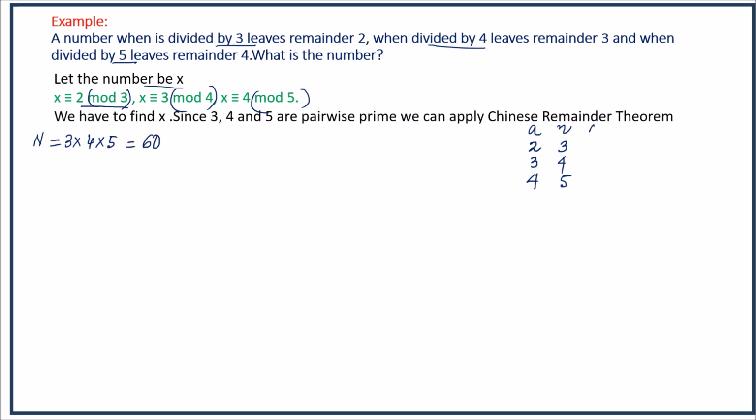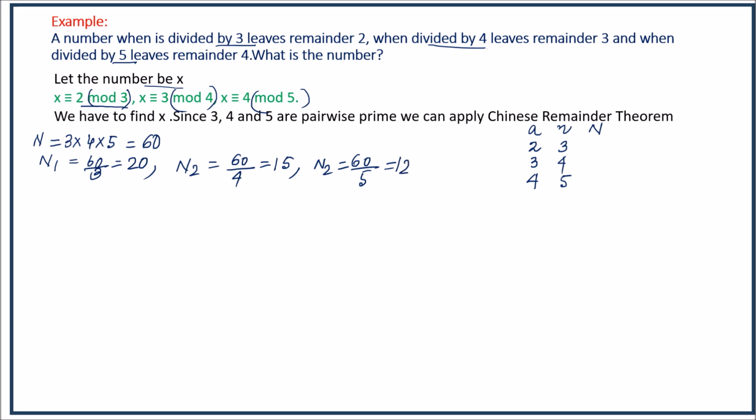Now getting n individual: n1 will be 60 divided by 3, it will be 20. n2 equals 60 divided by 4, that will be 15, and n3 is equal to 60 divided by 5, that will be 12.